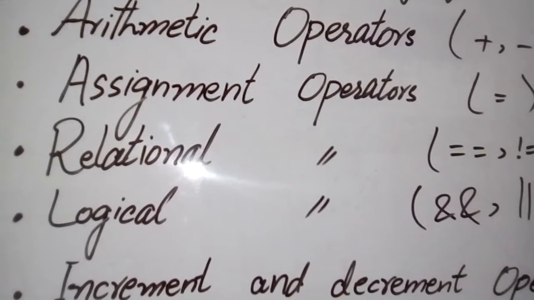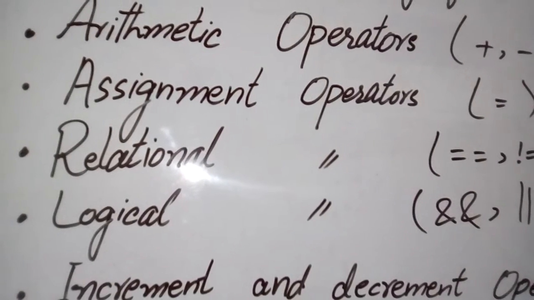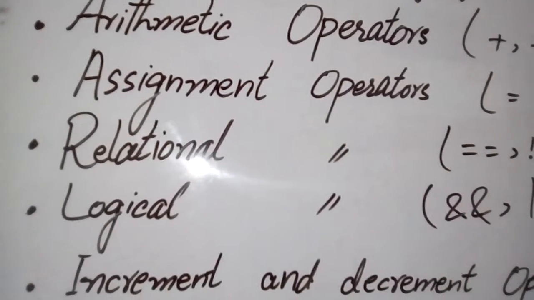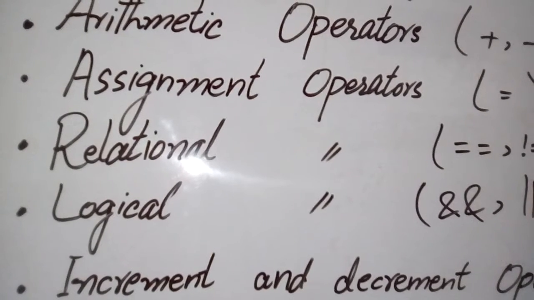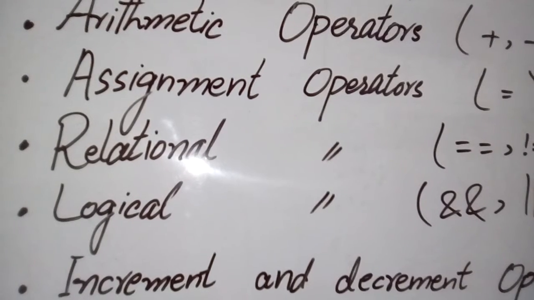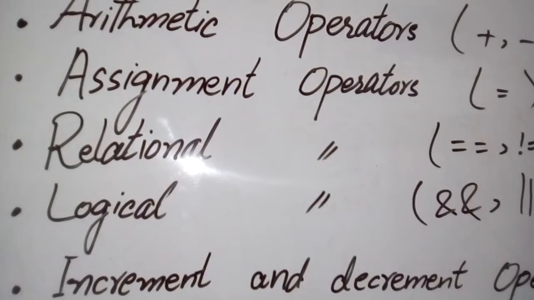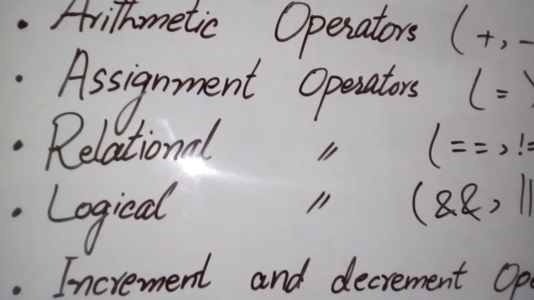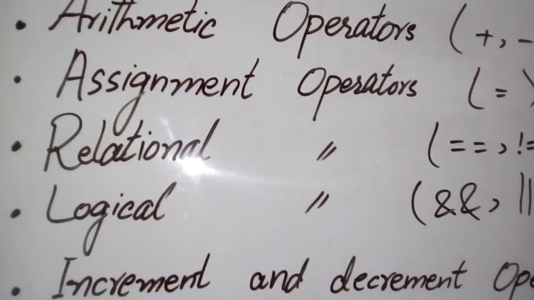There are 5 types of operators: arithmetic operators, assignment operators, relational operators, logical operators, and increment and decrement operators. In this lecture, we will discuss arithmetic operators and assignment operators in detail. The next lecture will cover relational operators, logical operators, and increment and decrement operators in detail.